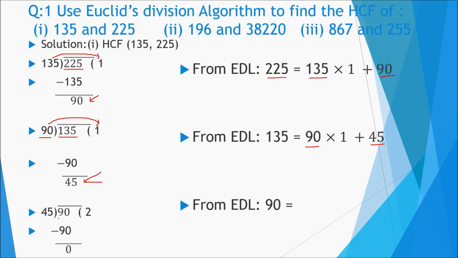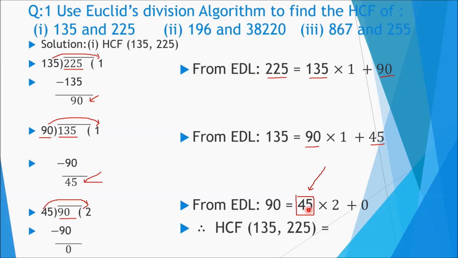So from EDL, this 90 is equal to 45 multiplied by 2 plus 0. And this 45, which is divisor in the last step, is actually HCF of these two numbers. Therefore, HCF of 135 and 225 is equal to 45.